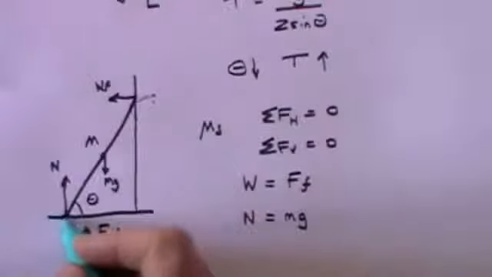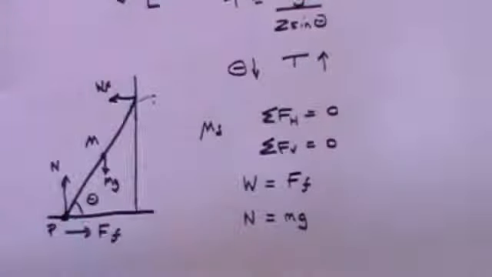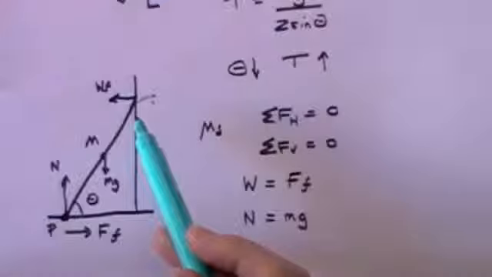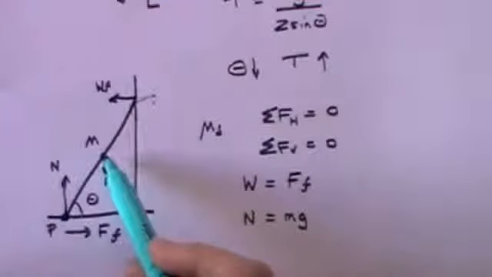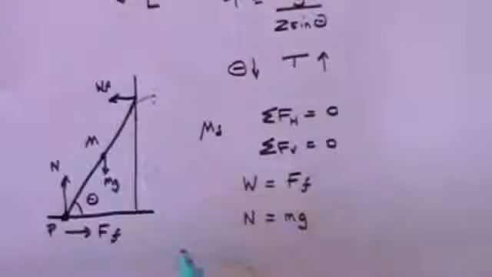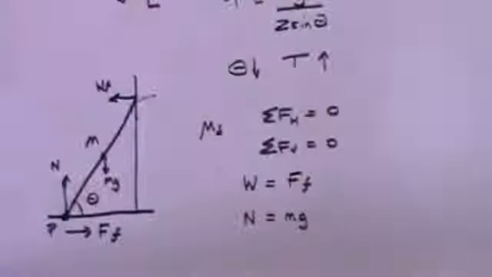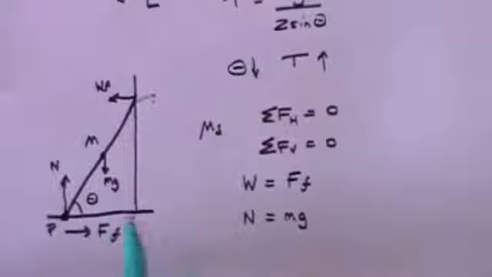So I'm going to choose this point here, point P, as my pivot point, which means I've only now got two other forces to think about. One of them is acting to pull the ladder in this direction, one of them is acting to push the ladder in that direction. So if we've got stability, those two torques must balance.